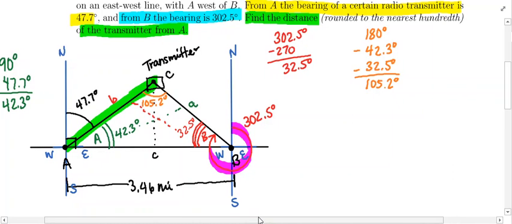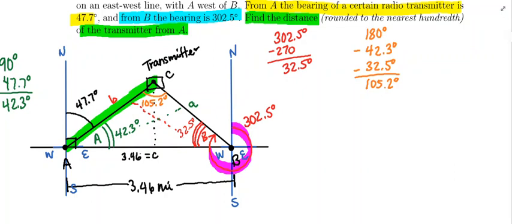Like I said, we are looking for side length B, and luckily we know the measure of angle B is 32.5 degrees. So let's figure out what we know and go from there. We know the length of side C: the distance between point A and point B is 3.46 miles. So we can say this is 3.46. We know this side length, and we know all of the angles, which is good.